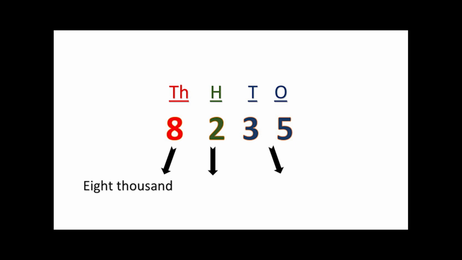The first part comes from the 8 in the thousands place, that is 8,000. The second part comes from the hundreds place, that is 200. And the third part comes from the tens and ones place taken together.